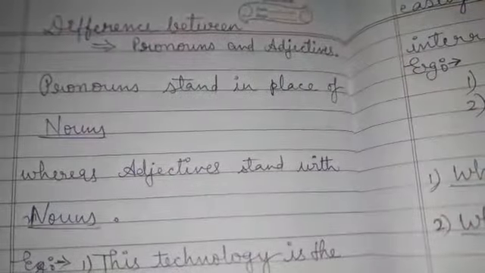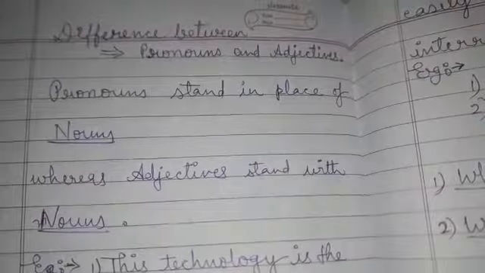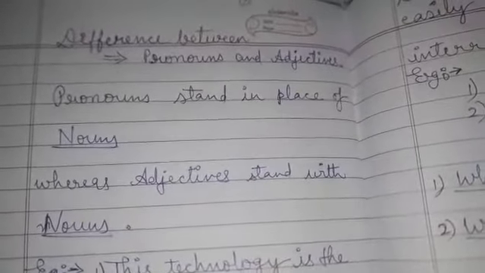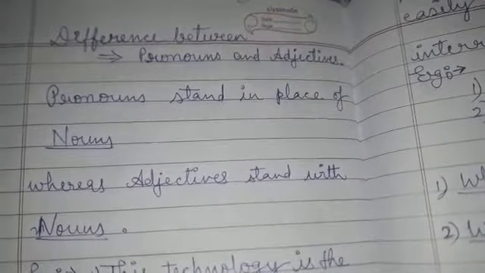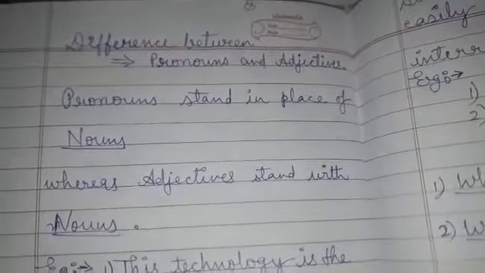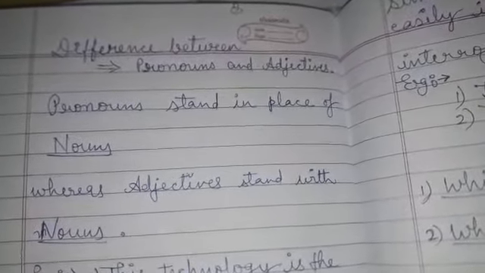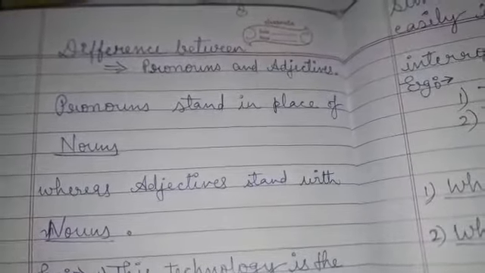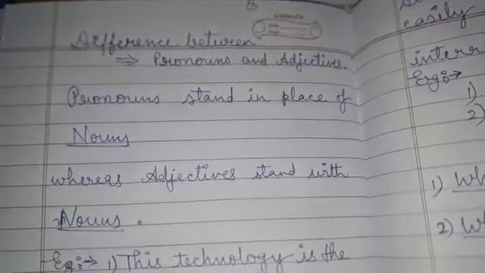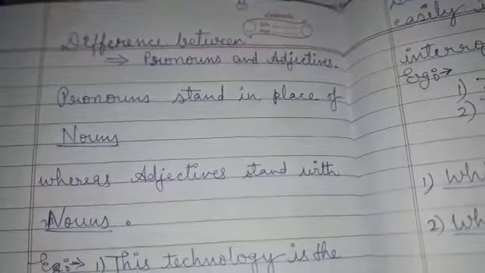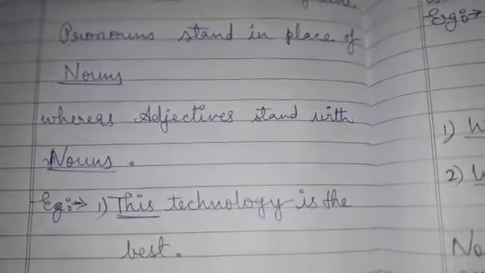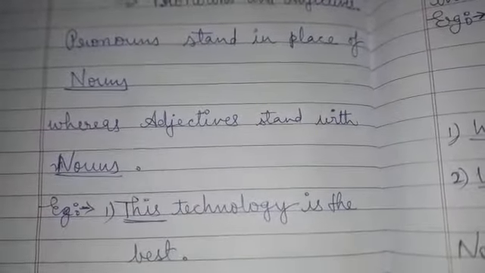Now you can note this down in your notebook so that whenever you want you can read it again. Any notebook. It's not necessary to write in the grammar only. You can write it anywhere so that you can easily read it again and again. So this is the difference between pronouns and adjectives. Simply, pronouns stand in place of nouns, whereas adjectives stand with nouns.